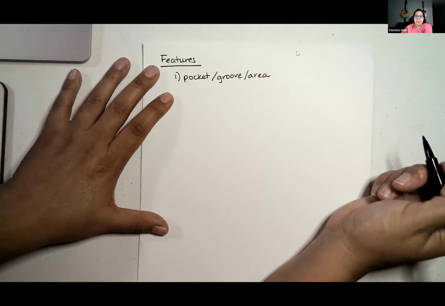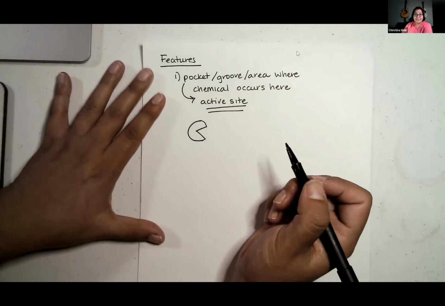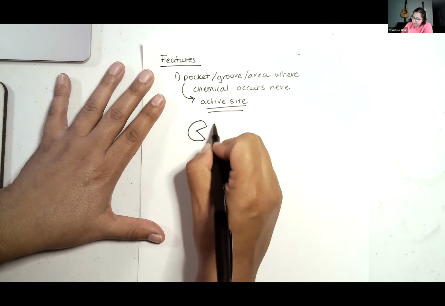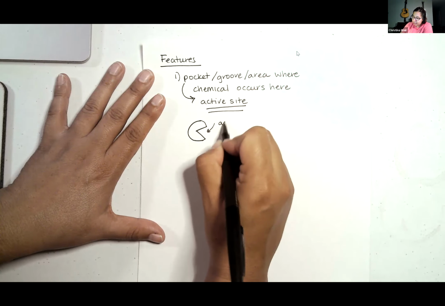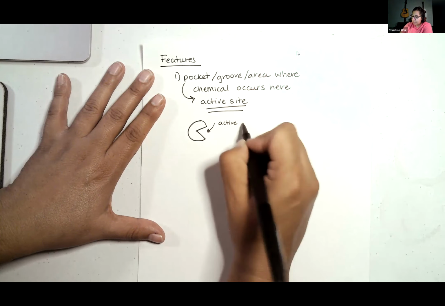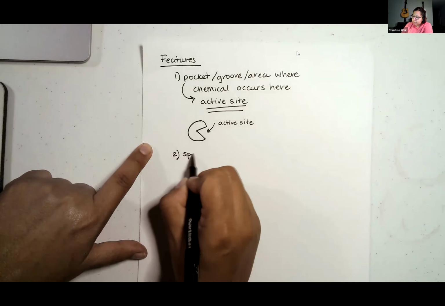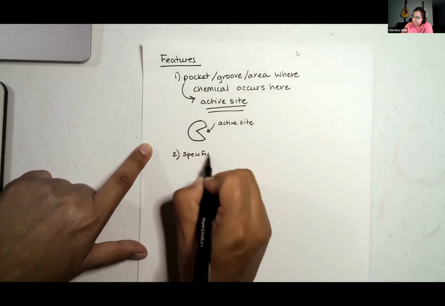So let's say I'm going to draw this is just some enzyme, and I'm going to draw it like a little Pac-Man. Those of you that are children of the 80s, you know who Pac-Man is. So if this is my enzyme, this right here is the place where the chemical reaction occurs. That's the active site. Every enzyme is specific for a particular substrate.